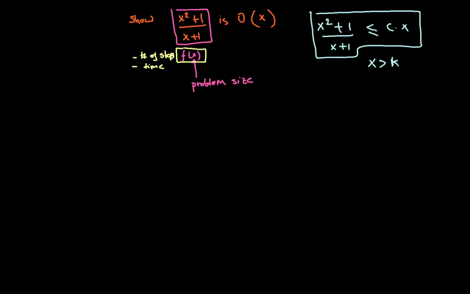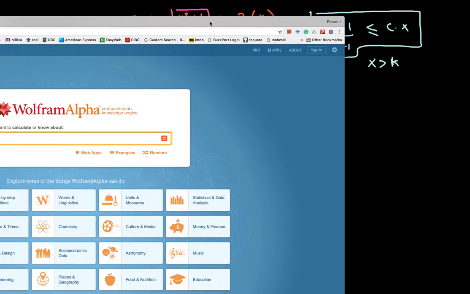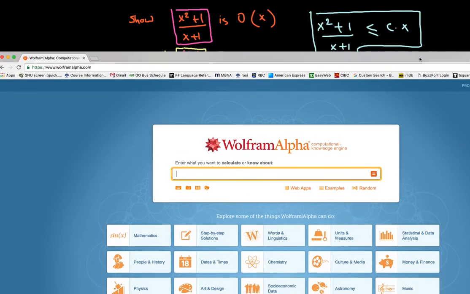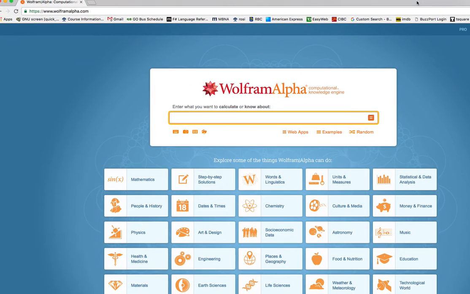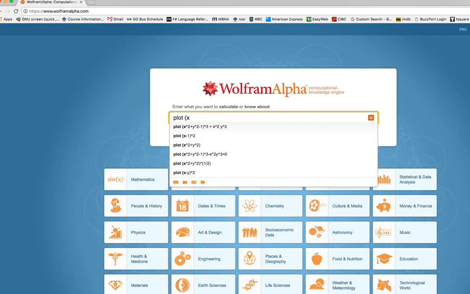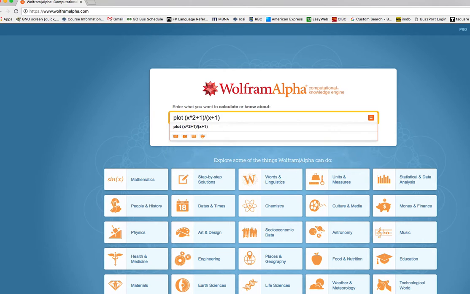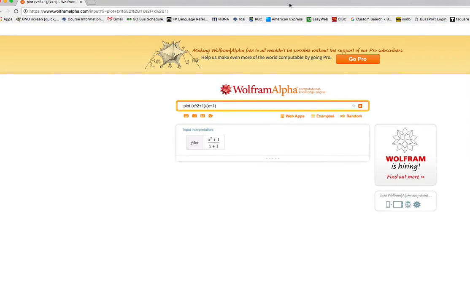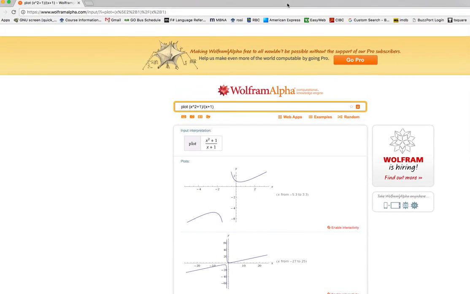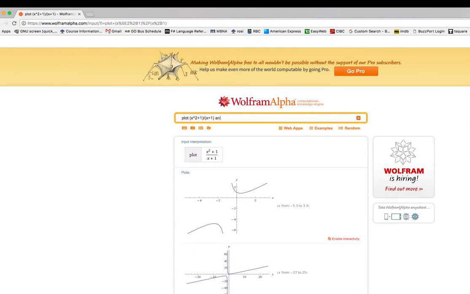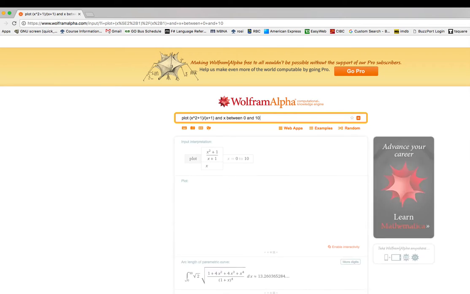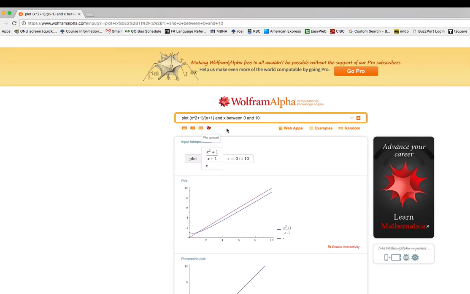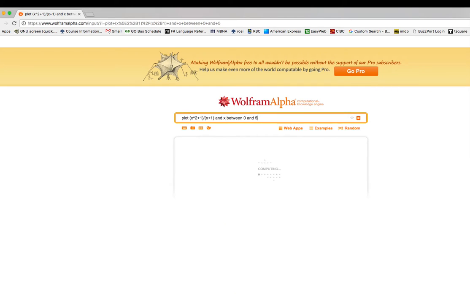Let's first plot (x squared + 1)/(x + 1), and then I'm also going to plot the function g of x, which is x. We want this between 0 and, let's say, 10 for now. Let's plot these functions, and let's make the domain a little bit smaller, 0 and 5.